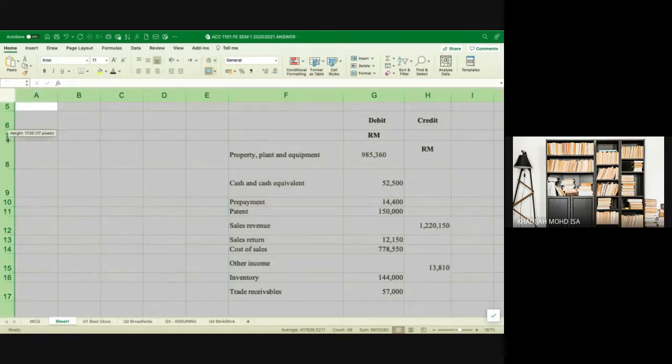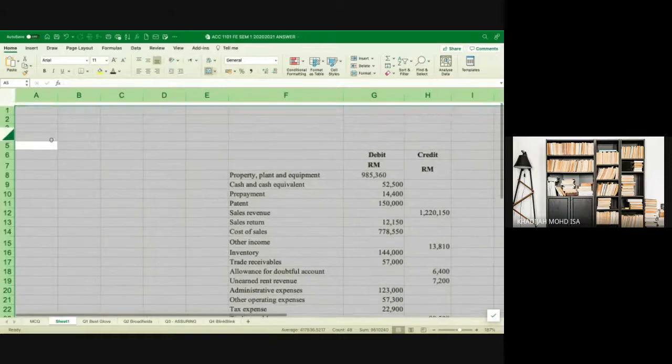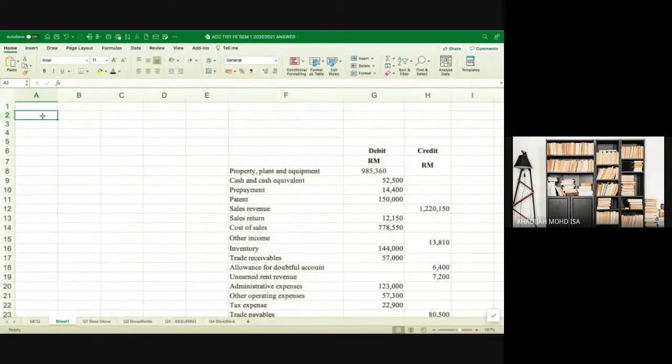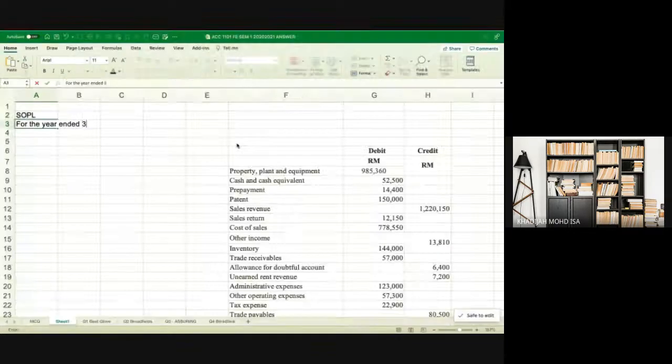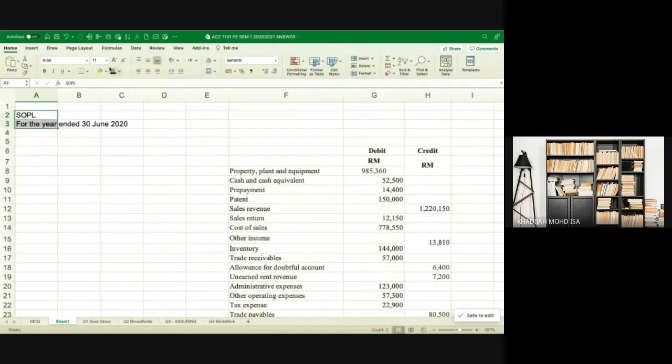Okay. So first is that, remember that you have to prepare your statement of profit and loss. All right. This one put in for the year ended. What is the period? The period is 30th of June 2020, right?